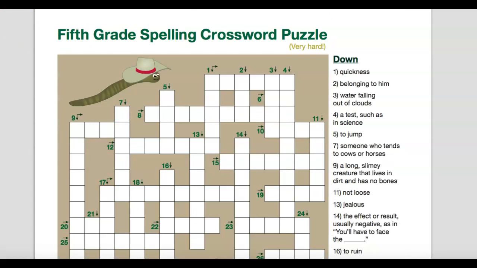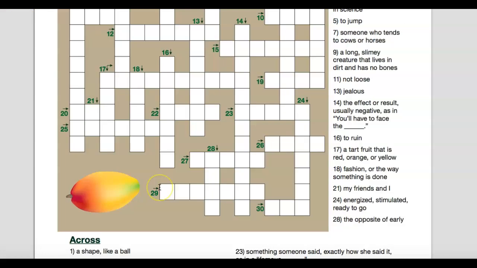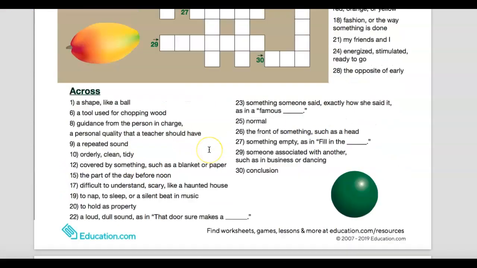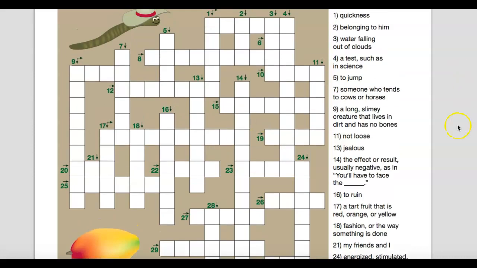Okay, guys, next is your crossword puzzle. To help you out, I have made a word bank. On the word bank, across at the top, all the words that will go into the across ones will be from that list. And then I made a down list, and all the words that would go into the down ones will be under the down list.